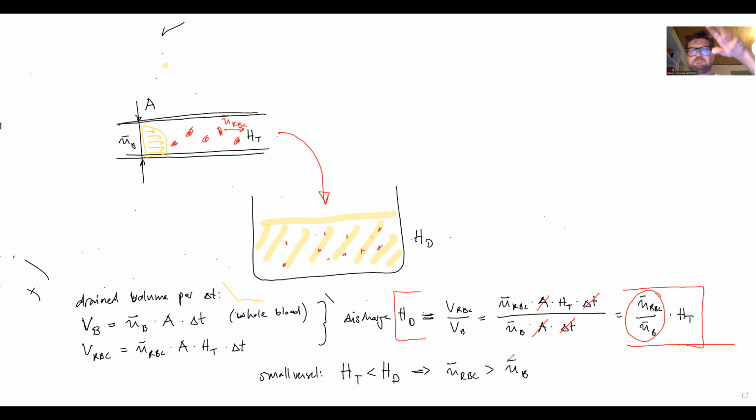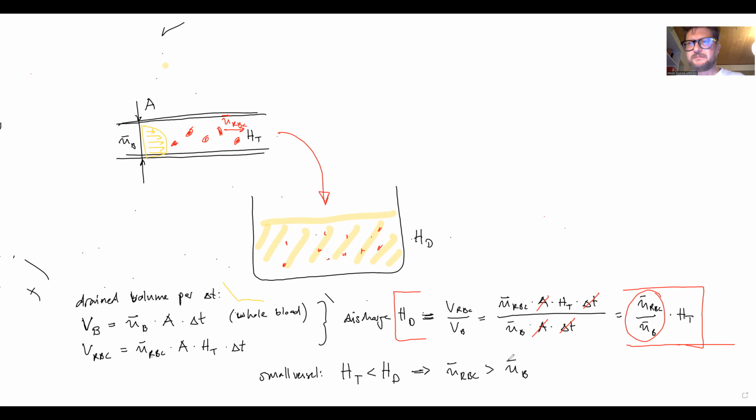Think of maybe some leaves. In autumn, you have some leaves coming down from the trees. And let's think of the leaves in the center of the river. Of course, these leaves are moving much faster than the average velocity of the water.